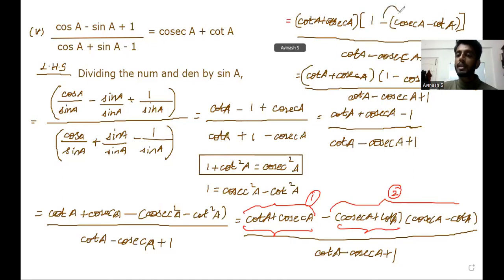I repeat, in the numerator, minus into cosec A becomes minus cosec A, and minus into minus cot A becomes plus cot A. Now, if you carefully observe, the denominator is cot A minus cosec A plus 1. The numerator is also cot A minus cosec A plus 1. So both of them will get cancelled, leaving you with cot A plus cosec A, which is our required right hand side.